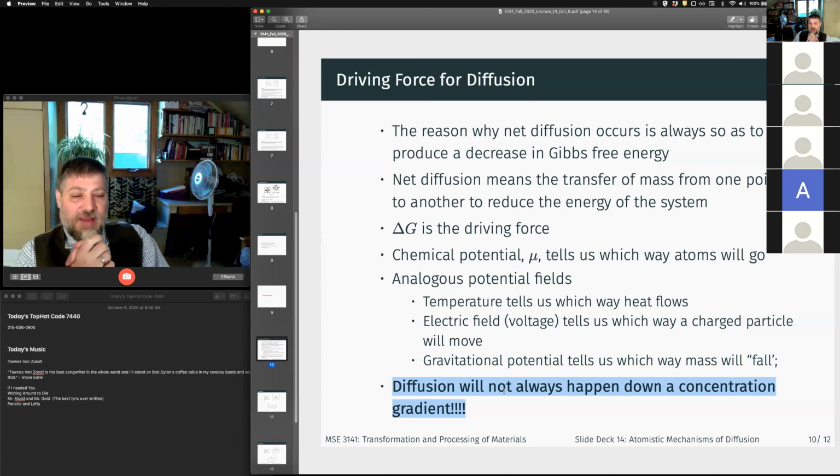But when we're talking about phase transformations, you can have inverse diffusion. And you often have inverse diffusion where you have species that are moving against the direction of their concentration gradient, right? Which tells you one of the reasons why I said that chemical potential was such an important concept for us in this class.